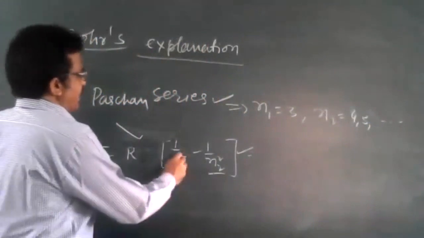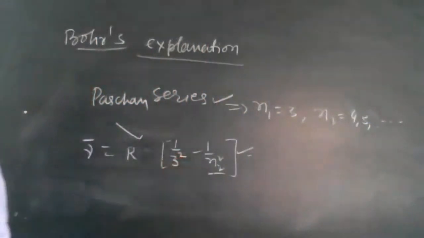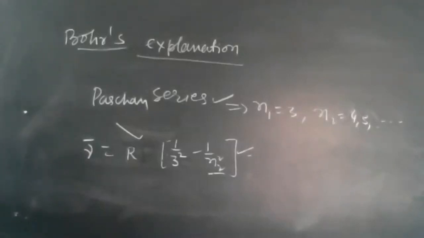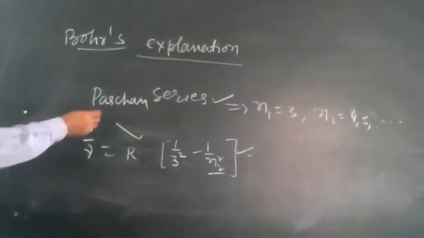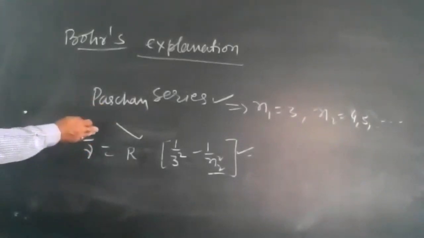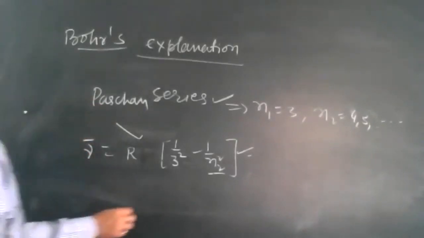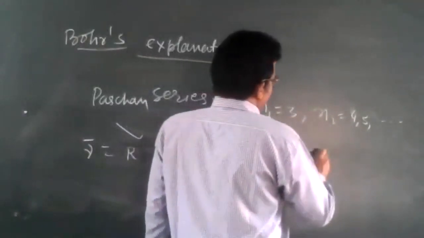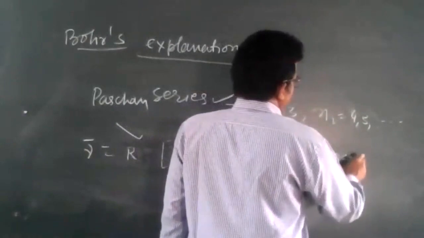So I can say here 3 square, and I can write here this. And this series is available in the infrared region of the spectrum.